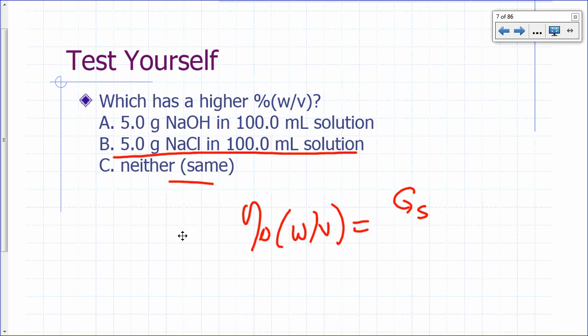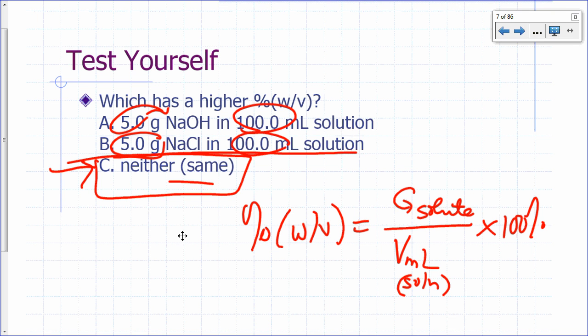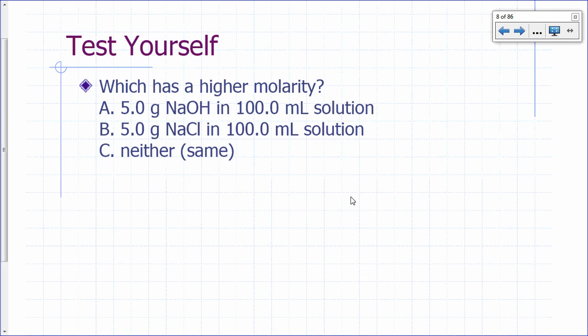It's grams of solute over volume in milliliters of your solution, right? So times 100%. So you have the same grams and the same volume of solution, so that means they have the same percent weight by volume. Okay?